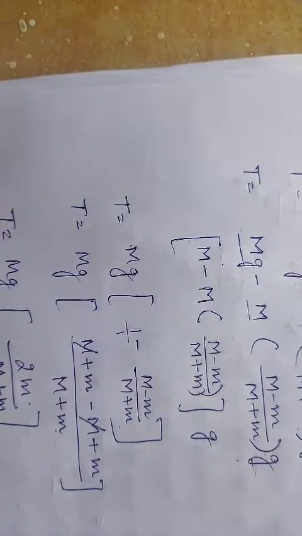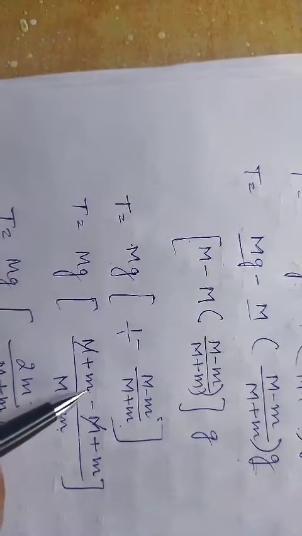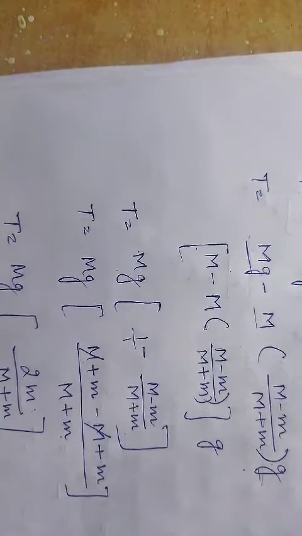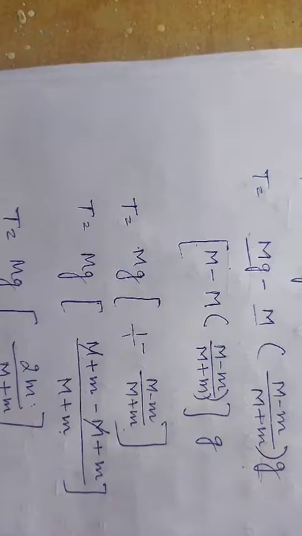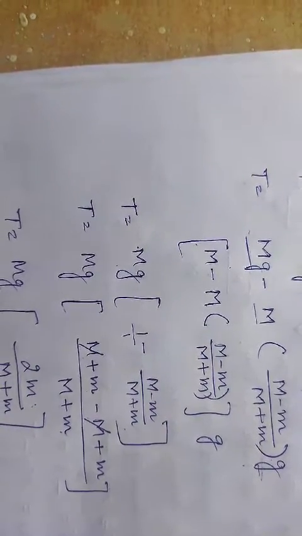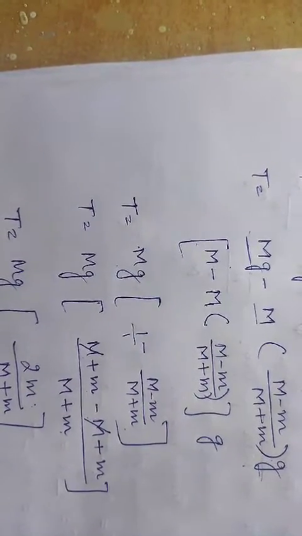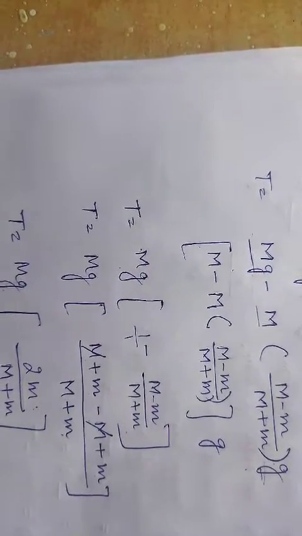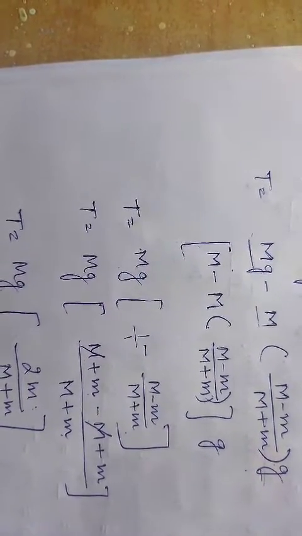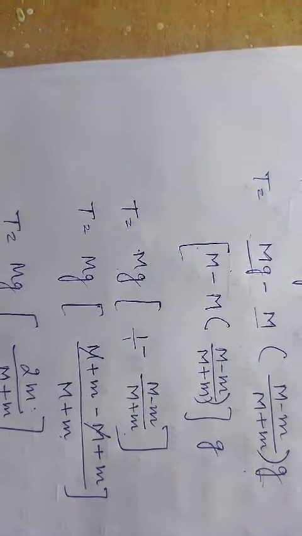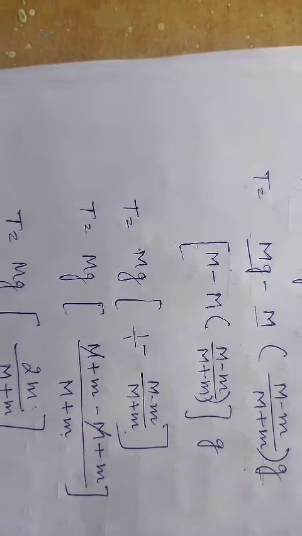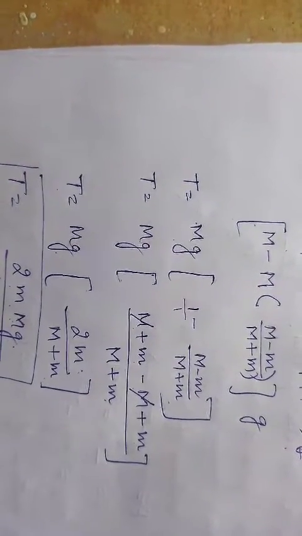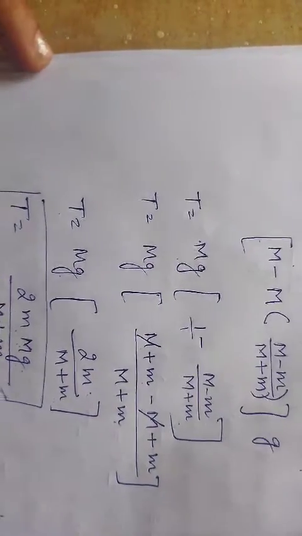So T is equal to Mg into 2m upon (M plus m). So T is equal to 2mMg upon (M plus m). So this is the value of the tension, that is 2 small m into capital M into g upon (M plus m). This is the formula to calculate the tension in the string and the acceleration of the body.